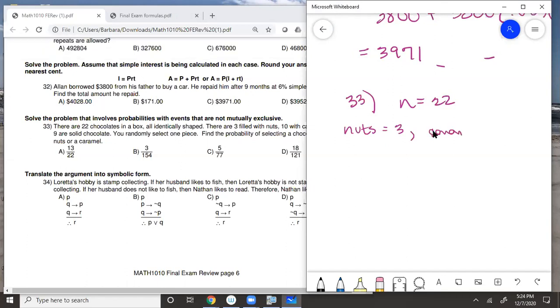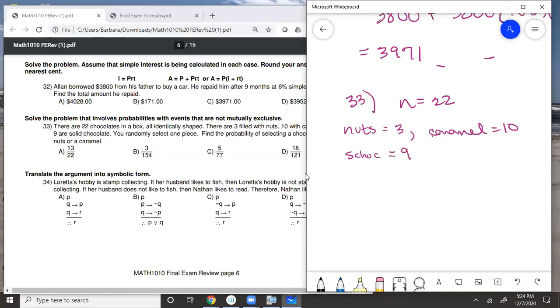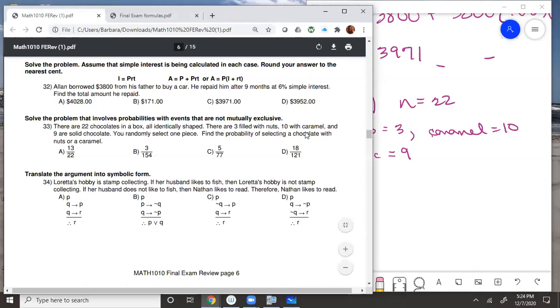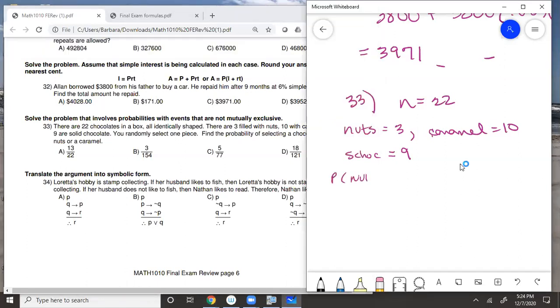We have 10, and solid chocolate, we have 9. And so you randomly select one, find the probability of selecting a chocolate with nuts or caramel. So 3 out of 22 plus 10 over 22, right? So it's 13 over 22, which is A.